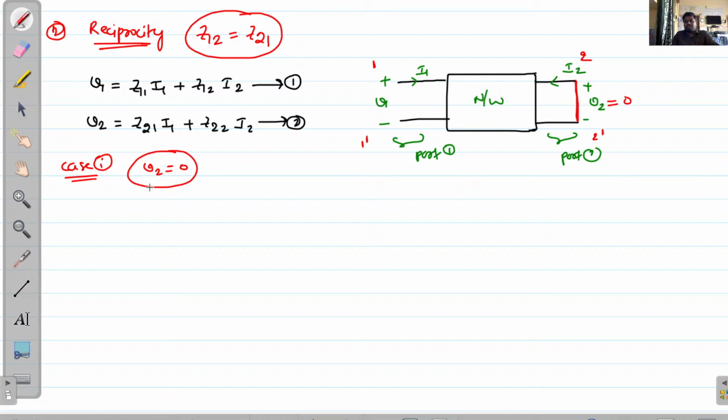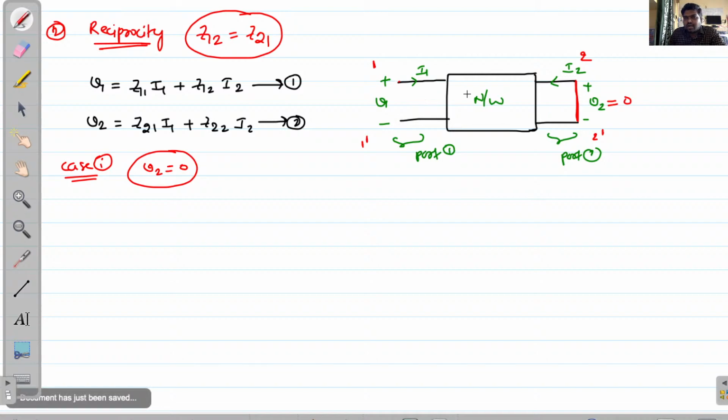That is our assumption. Based on this, the entire thing should be considered as one network. That means current can start at this one terminal, pass through the network, come to this point, then move to this short circuit, and return to the 1 dash terminal. So this entire thing should be considered one particular circuit.